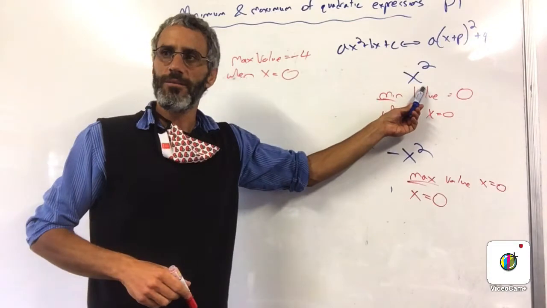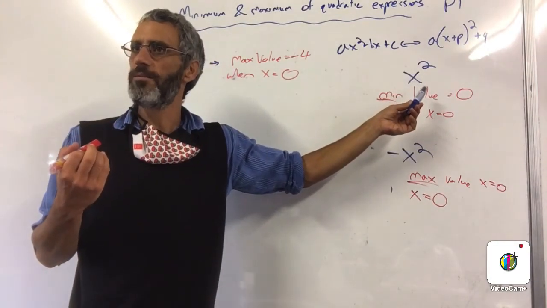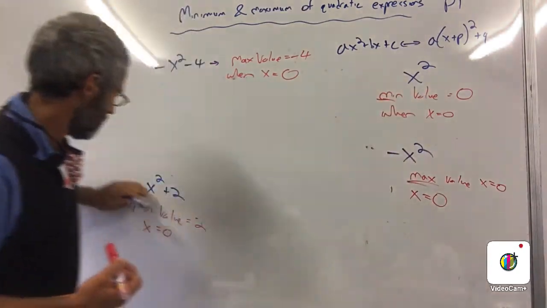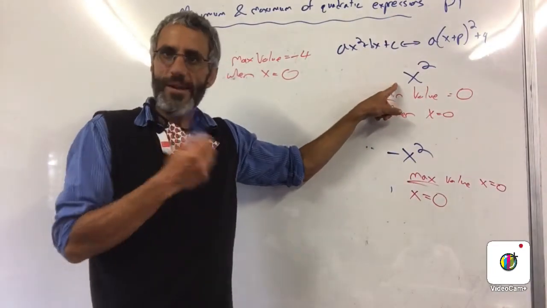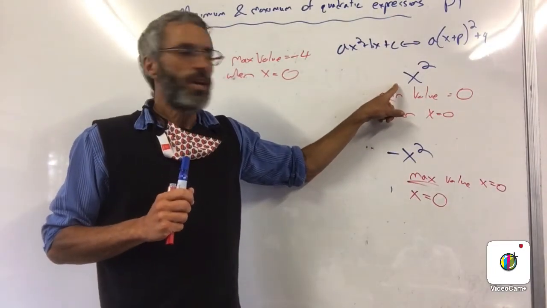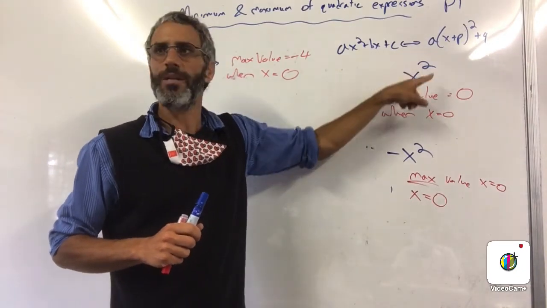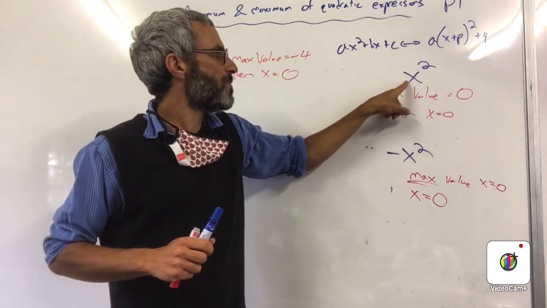X squared, because I've got square, is always a positive number, right? So it's never going to be negative. But what's the smallest x squared can be? 0. Okay? So that's why the minimum here is 0.